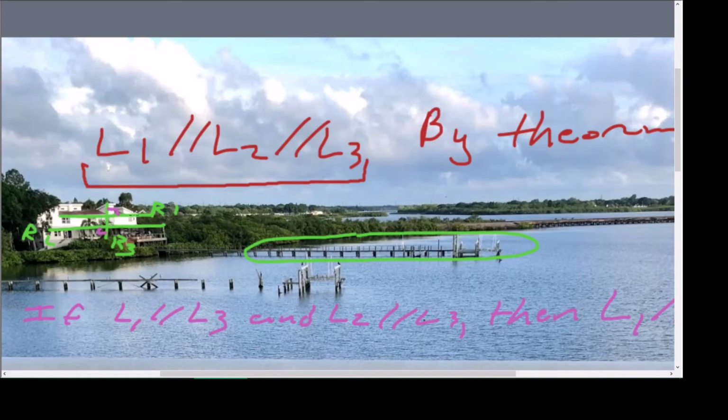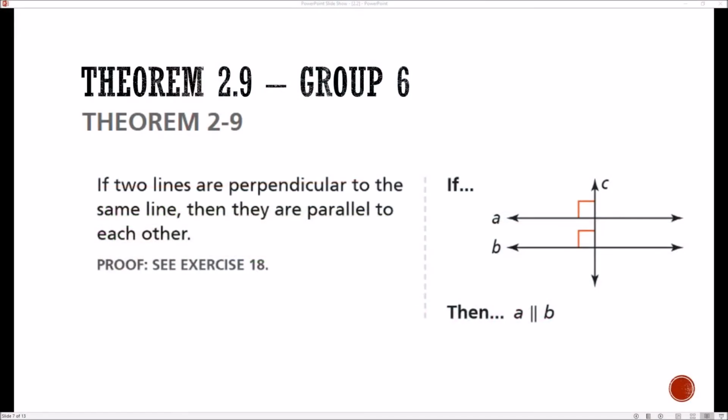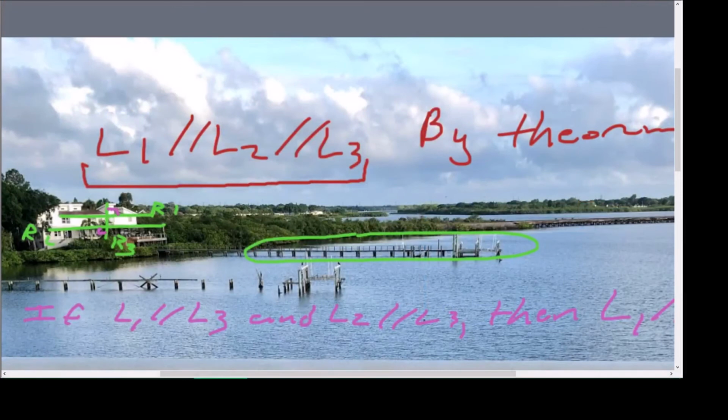And since theorem 2.9 says if two lines are perpendicular to the same line, they are parallel to each other, I can now say that R1 is parallel to R2. See if we find something else in this photo, because there really are endless possibilities. Well, not literally endless, but there are quite a few.